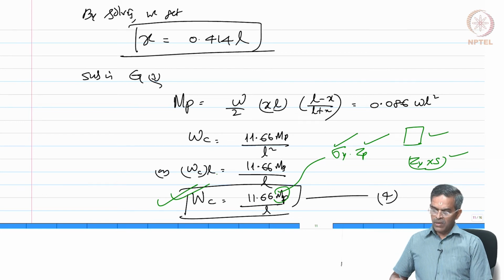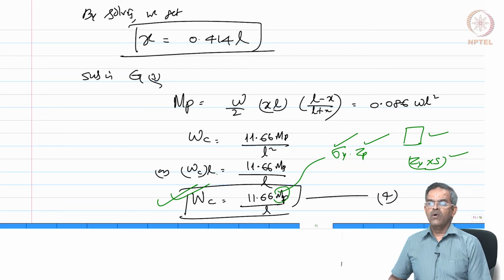Okay. So, look at this example very quickly, that how we used the static theorem in a roundabout manner to estimate the collapse load. In the earlier examples, it was straightforward because no such complication was there. I could easily draw the statically admissible bending moment diagram and mark the required number of plastic hinges readily at those cross sections and get the collapse load directly.